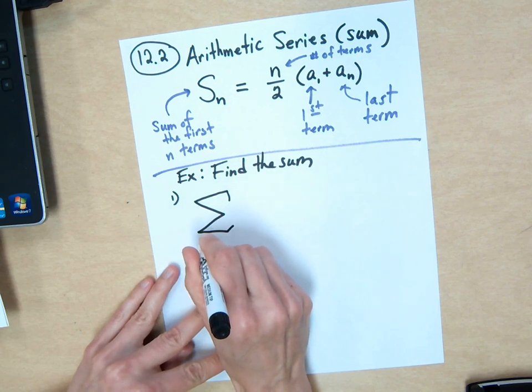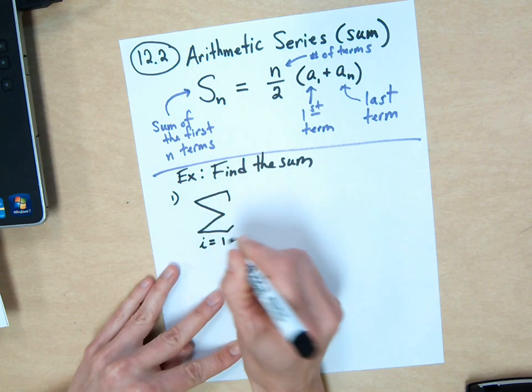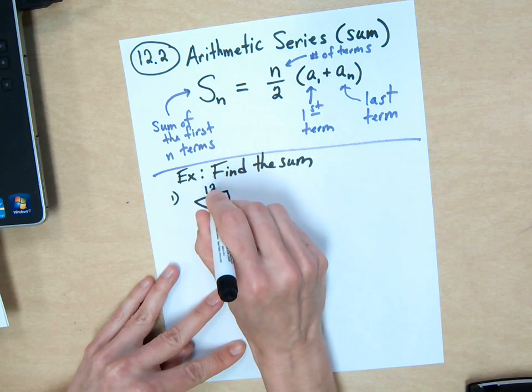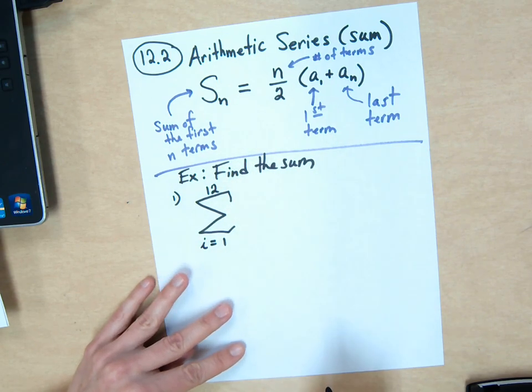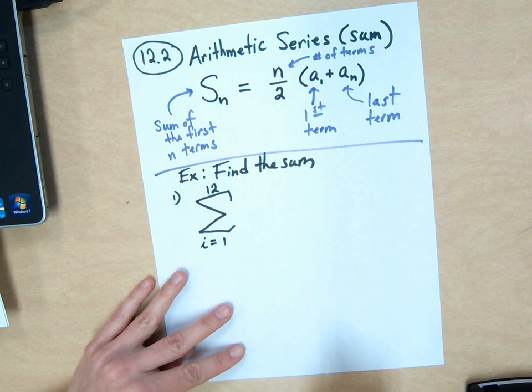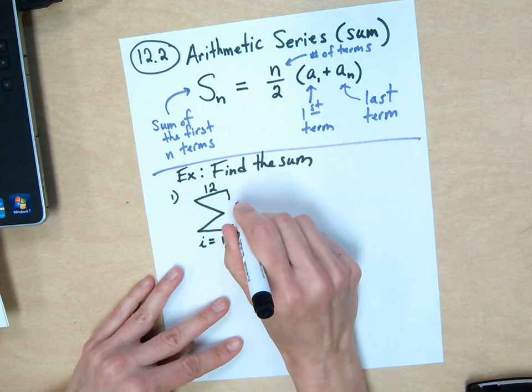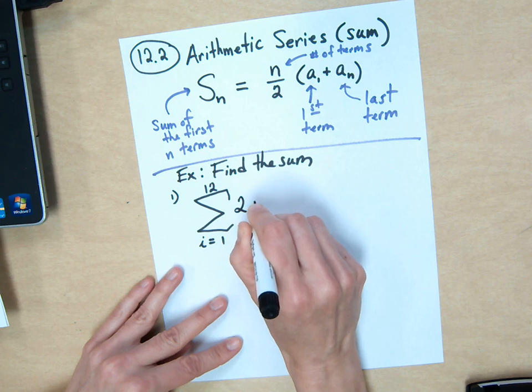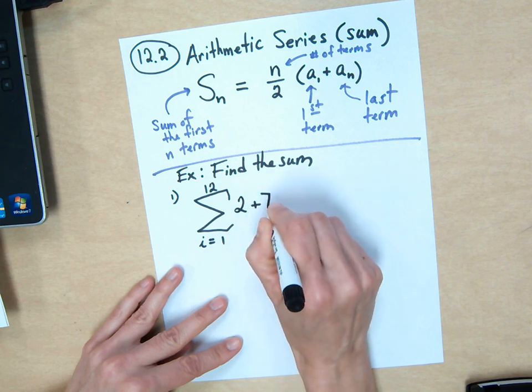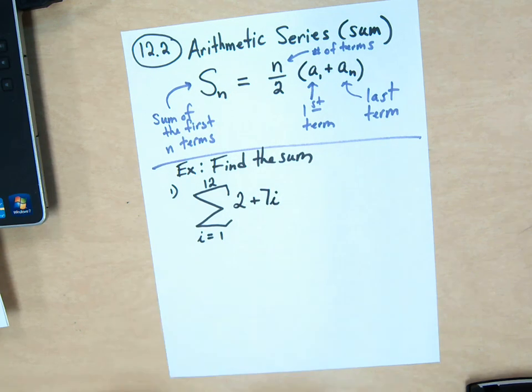So for the first example, we want i equals 1 to 12. So how many terms are there? 12. And then you'll see some expression here. In our example, we're doing 2 plus 7i. And that's the first problem that we need to solve.